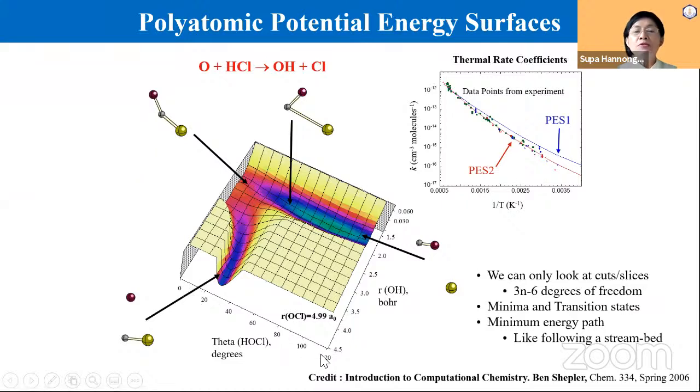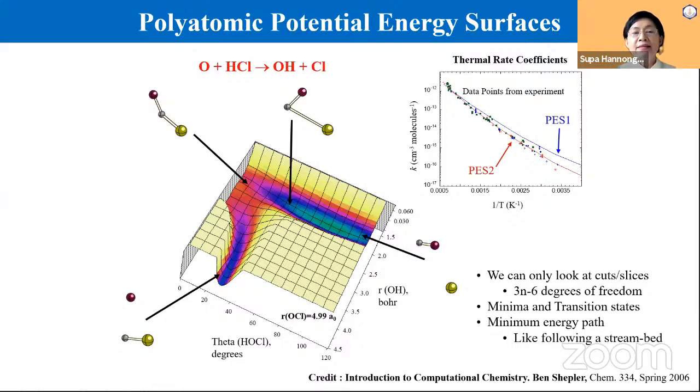And then we can also plot the reaction coordinate, the distance between O and H. We generate the coordinates of the system in many ways. Then we can solve the nuclear Schrödinger equation and obtain the energy. Finally, we plot it in three dimensions, along the reaction coordinates, like this potential energy surface.